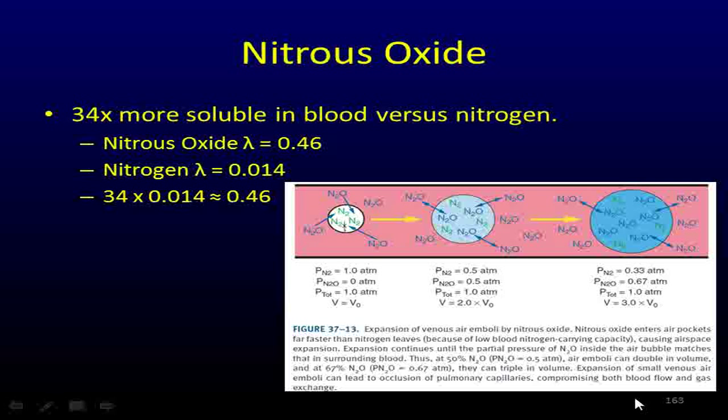So nitrous can get in faster than nitrogen can escape. And why am I saying nitrogen? Because what do you give in your Thorpe tubes? Usually O2 and air, or O2 and nitrous. You'll use air in certain circumstances, but if you're in my OR, you'll usually use nitrous and oxygen combined together.